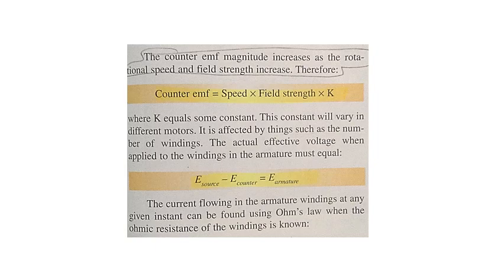The actual effective voltage applied to the windings in the armature must equal E source minus E counter equals E armature. The current flowing in the armature windings at any given instant can be found using Ohm's law when the ohmic resistance of the windings is known. For this, current armature equals voltage armature divided by resistance armature.